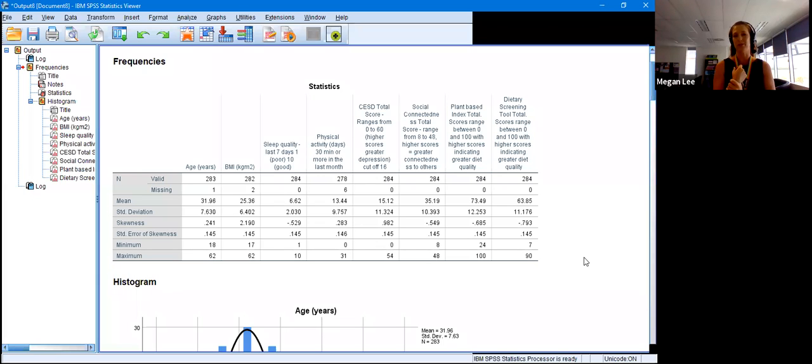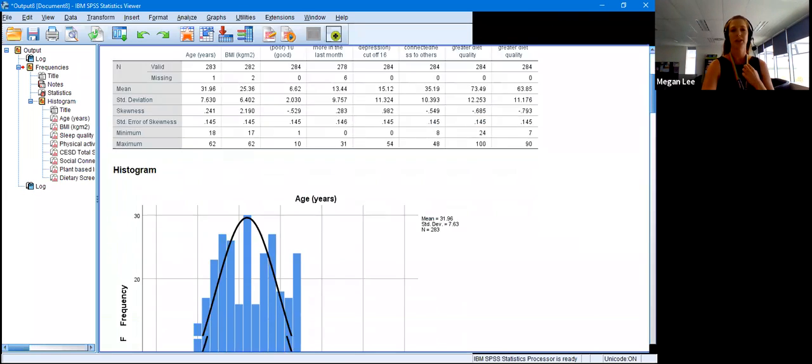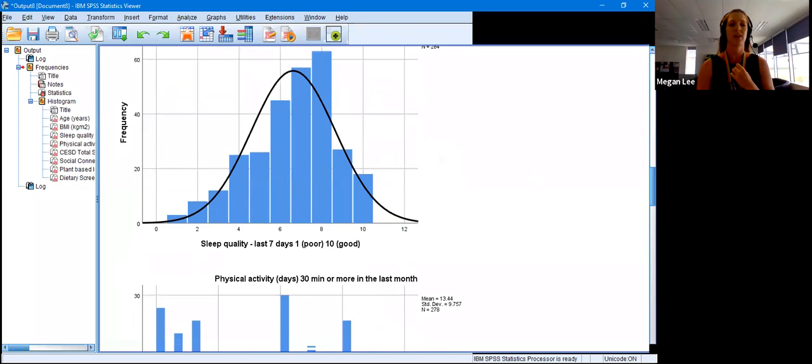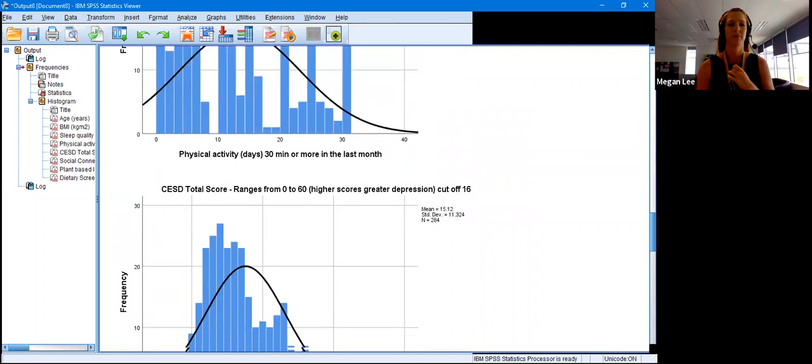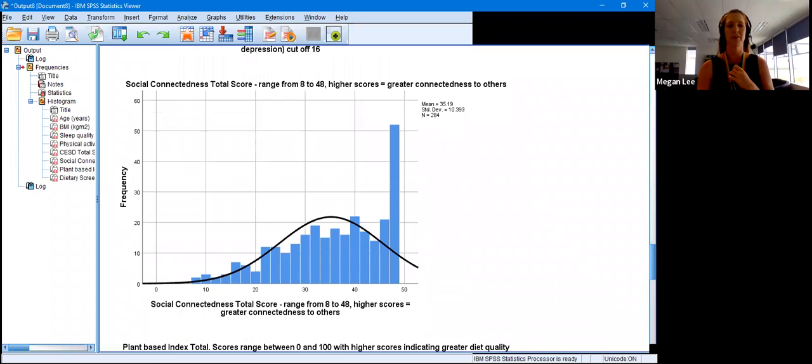Now, I'm really interested in the relationship between social connectedness and depression at the moment, because COVID can be really affecting that. So once again, we've got quite a high standard deviation, not quite as high as the average. Go and take a look at the histogram. Can you tell me what's happening here?